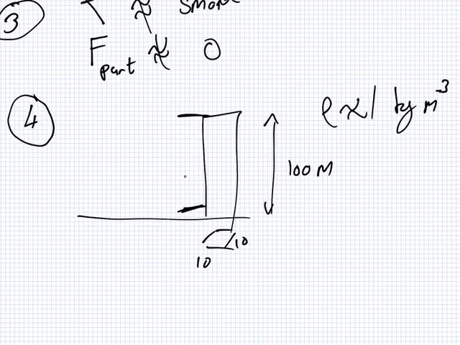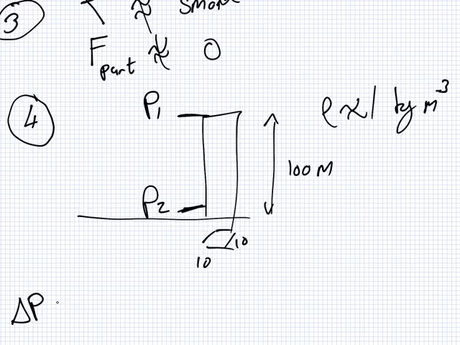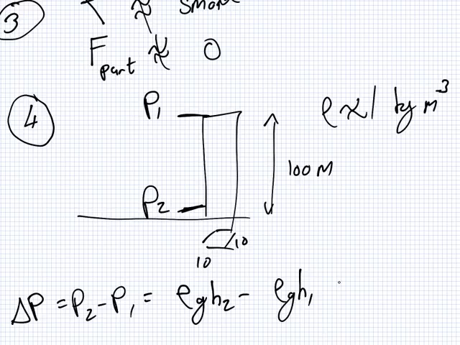Right, so the difference in the pressure between the ground and the top. Yes, I figured that part. So we'll call this one P1 and P2. Which is bigger? P2. So the difference is P2 minus P1, which is rho g H2 minus rho g H1, which is rho g (H2 minus H1).